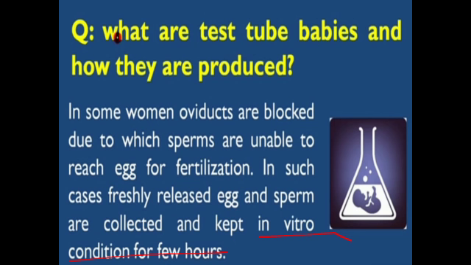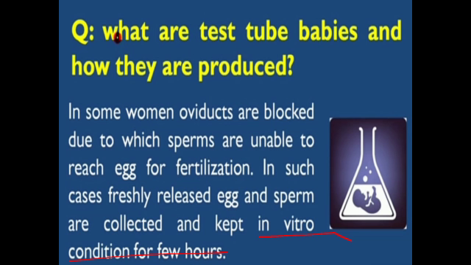If the oviducts of the woman are blocked, and due to that the sperms are not able to reach the egg for fertilization, doctors collect the freshly released egg and sperm and keep them in vitro conditions for a few hours.